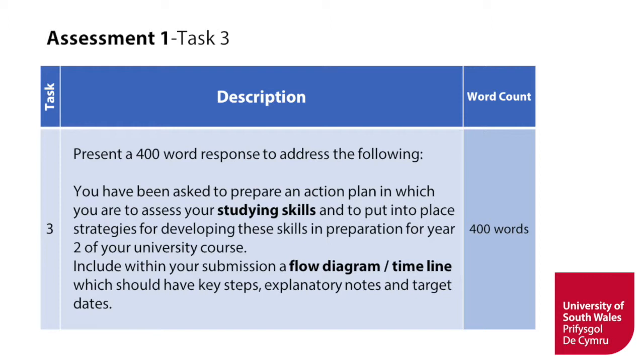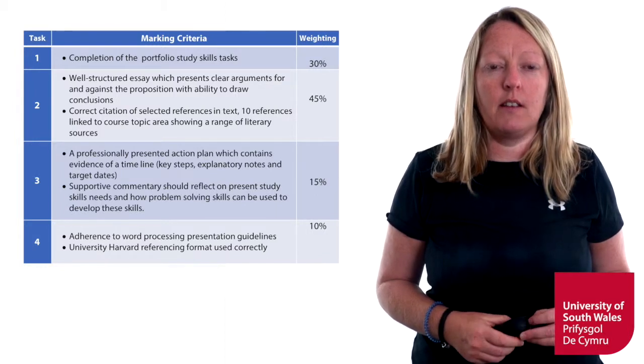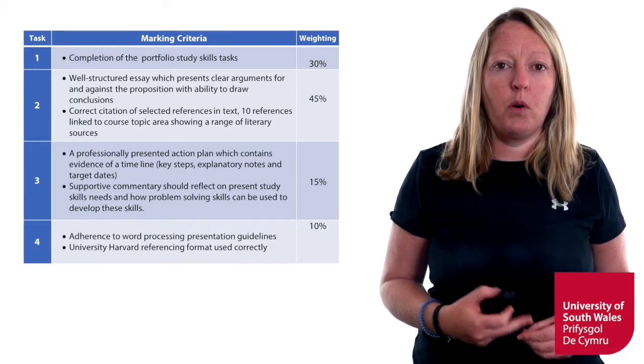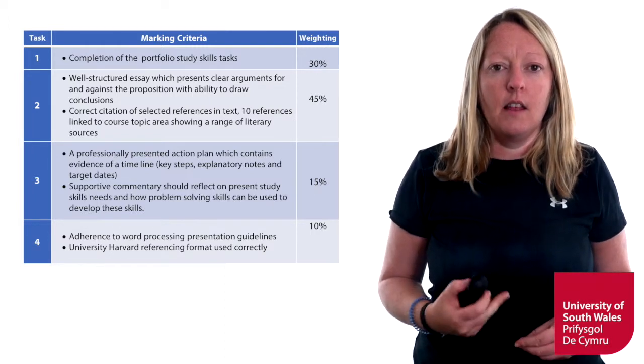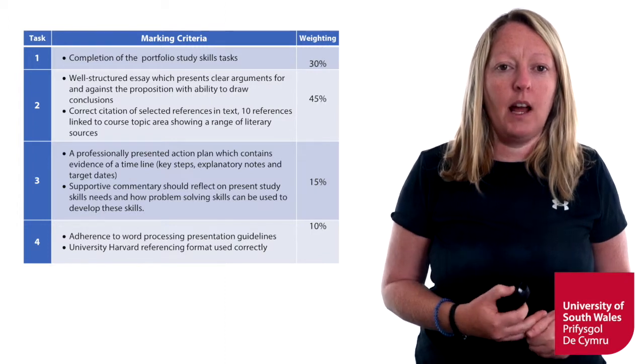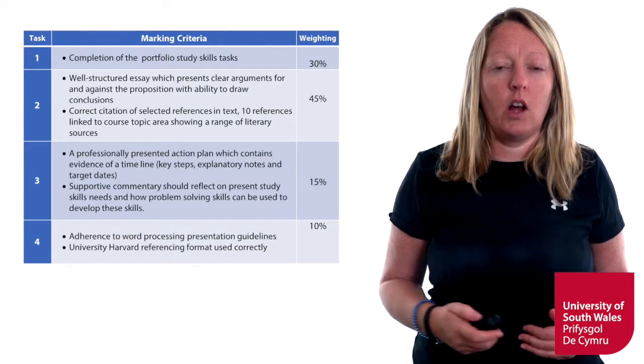And again, this is 400 words. As you can see here on screen, there's a clear marking criteria for each of the elements that you're going to be assessed against: the portfolio of key tasks, the well-structured essay, the action plan, and then obviously some marks awarded for your ability to word process and Harvard reference.